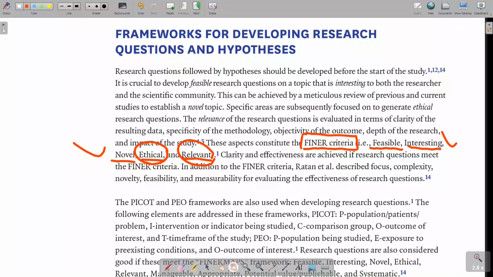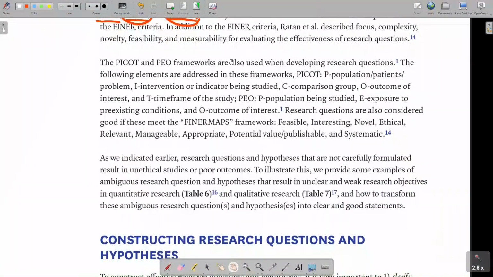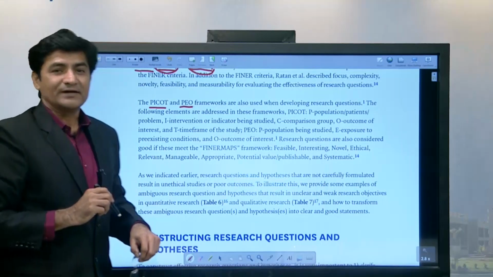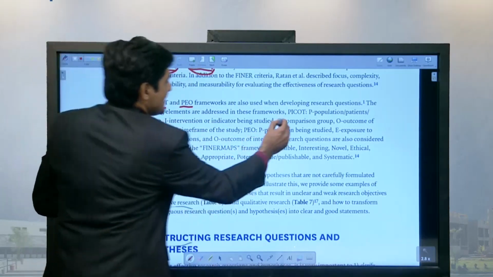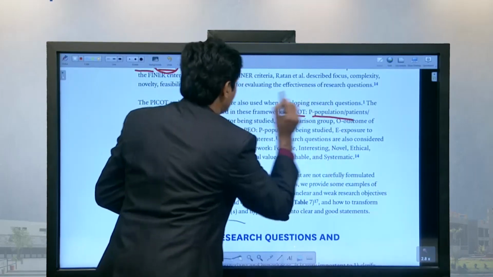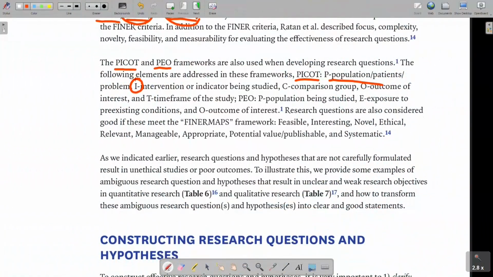Apart from this, we also can have some other frameworks, like the PICOT or PEO framework. PICOT is P for population, I for intervention or indicator being studied, C for comparison group, O for outcome of interest, T for time frame of the study.